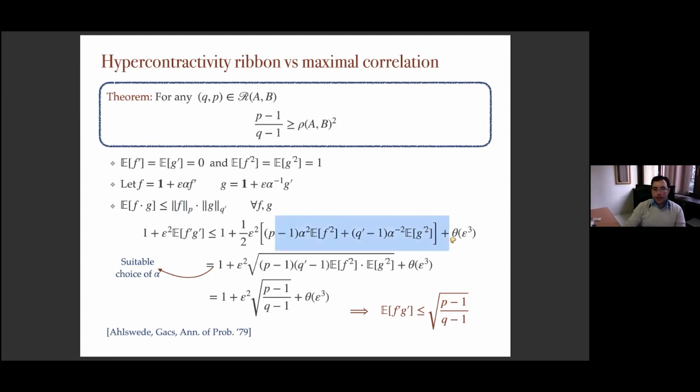You would realize that we have this equality, which is alpha squared times something plus alpha to the power of minus 2 times something. Then if you choose alpha appropriately, you would realize that this is equal to the square of the multiplication of these two. Well, in some sense, you're replacing an average with a geometric average, a geometric mean.